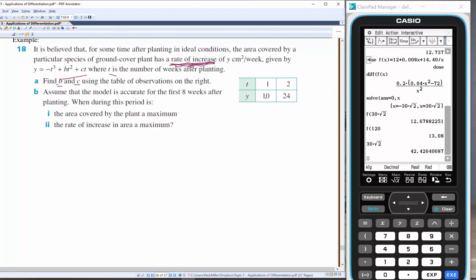So after 1 week, the rate of increase was 10 centimeter squared per week, and after 2 weeks, the rate of increase was 24 centimeter squared per week.